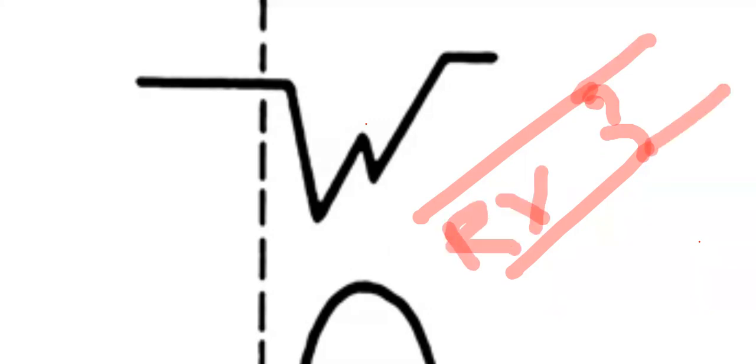Anybody can explain? Let's say the pressure is very high in the RVOT. The pressure is high on this side than on this side.